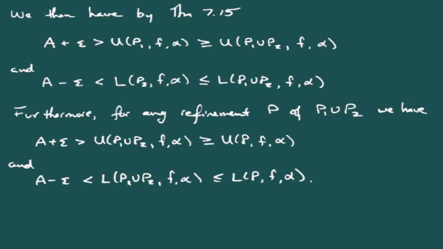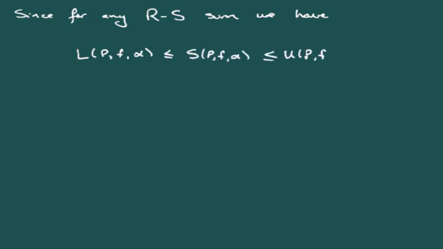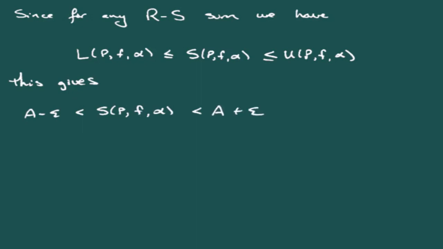A plus epsilon is going to be greater than the upper sum with respect to P. A minus epsilon is going to be less than the lower sum with respect to P. And so for any Riemann Stieltjes sum that's going to be sandwiched in between our upper sum and our lower sum, that gives us that it's going to be sandwiched in between A minus epsilon and A plus epsilon, but this is equivalent to the distance between this sum and A being less than epsilon.